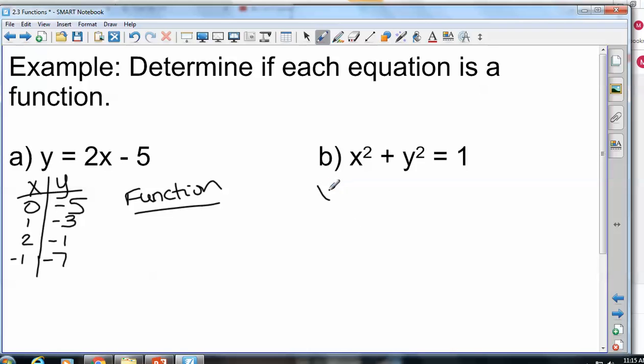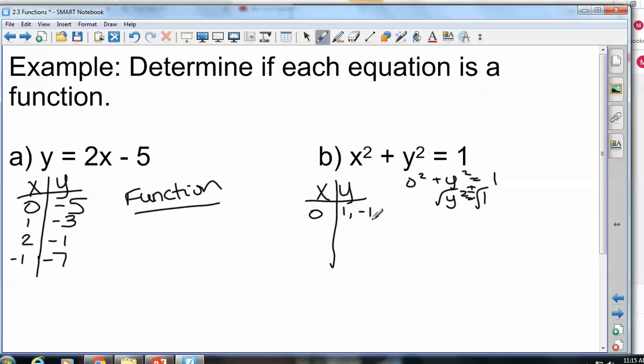Let's talk about B. If I put in a number for x, let's say 0, then y squared equals 1. So what's y? Plus and minus 1. Get rid of the square, you add square root. When you do that, you always do plus and minus. So I got two different answers.